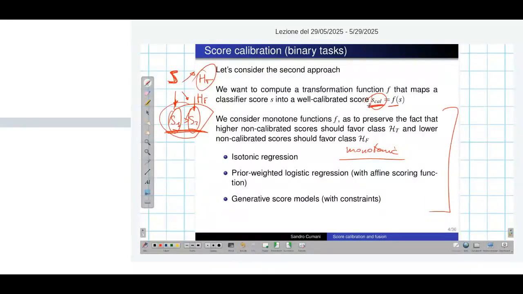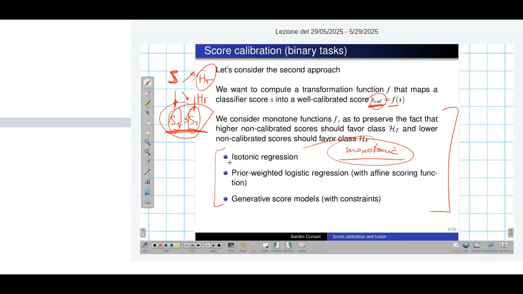So they behave like a log likelihood ratio for the application population. Now there are different ways that meet this constraint and allow us to obtain scores that are well calibrated.